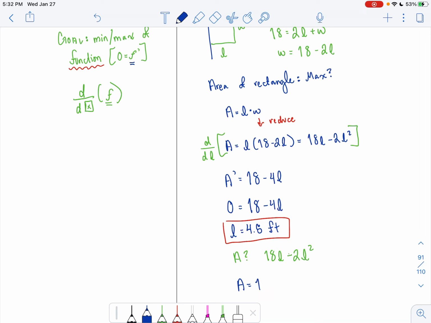If I want to find the maximum area, I'll just plug that number in. 18 times 4.5 minus 2 times 4.5 squared. Plug that in and I get 40.5. The unit is feet squared. So this is one example using area.